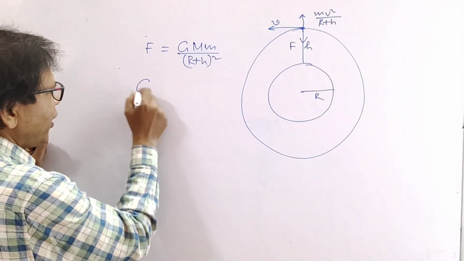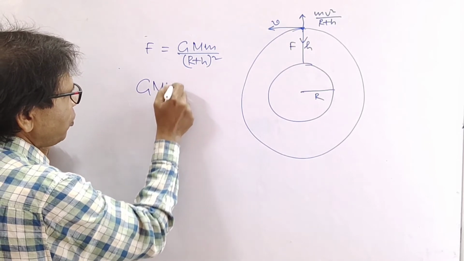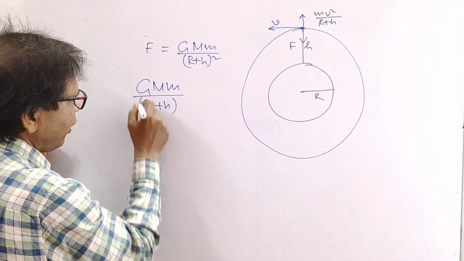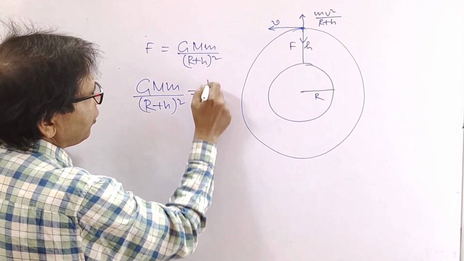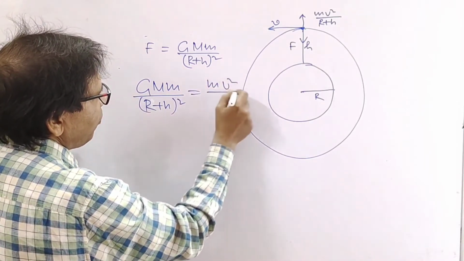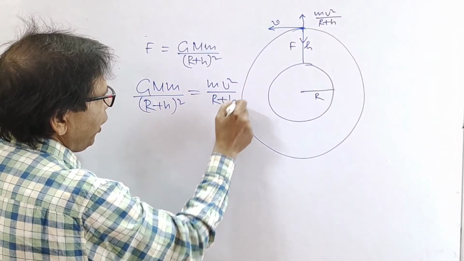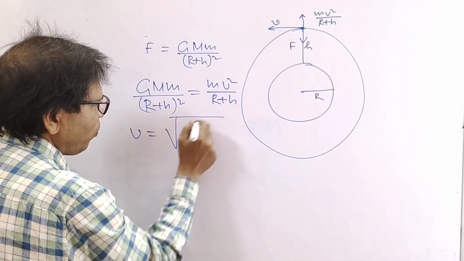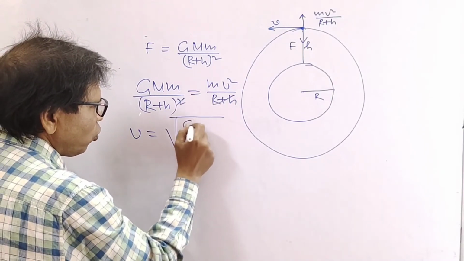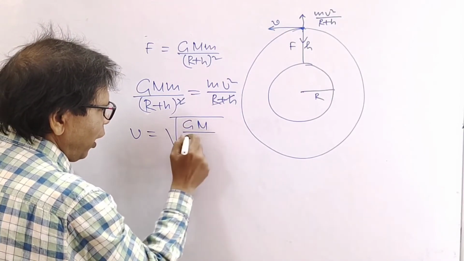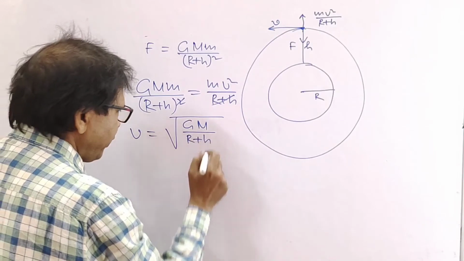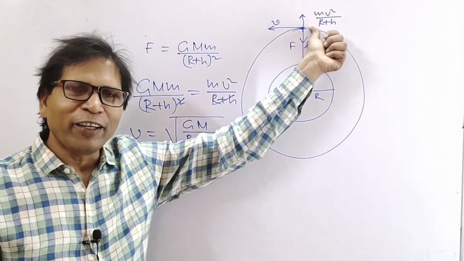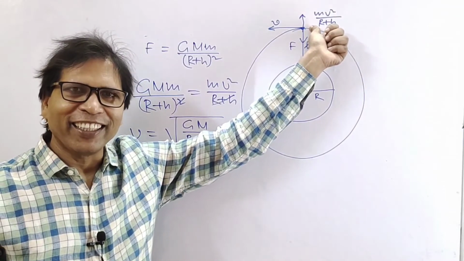Therefore G capital M small m divided by (r plus h) whole square equals m v square by r plus h. Okay, so v equals root under of GM by r plus h, as this and this cancel out. Look at this, here the orbital velocity is independent of the mass of the satellite.